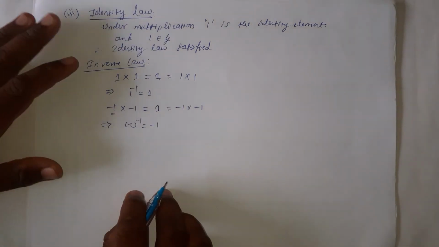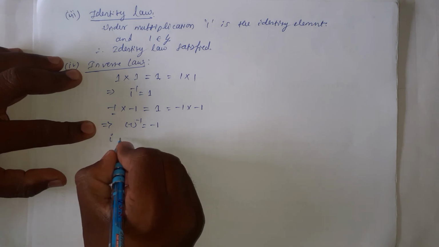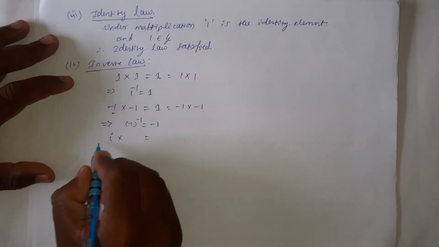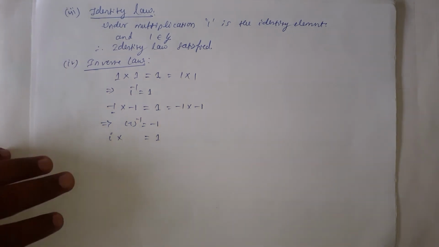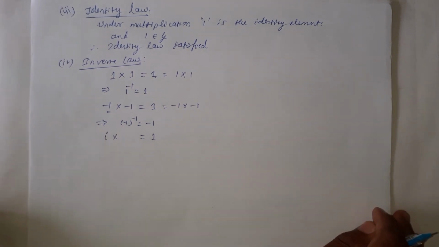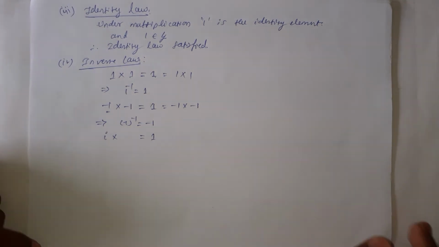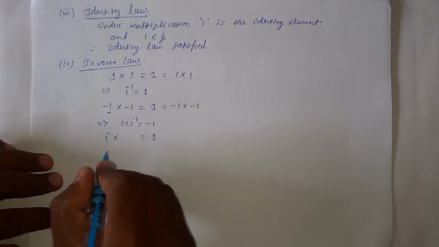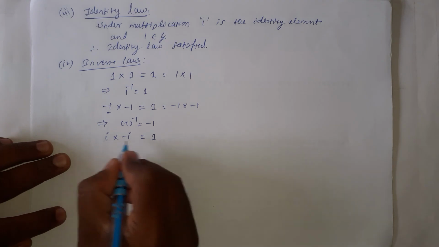Then the third element is plus i. Here we need to find the number to be multiplied to this i to get plus 1. We know that the value of i square is minus 1, but we need the product as plus 1, so we can multiply this i by minus i. What is the product of i and minus i?